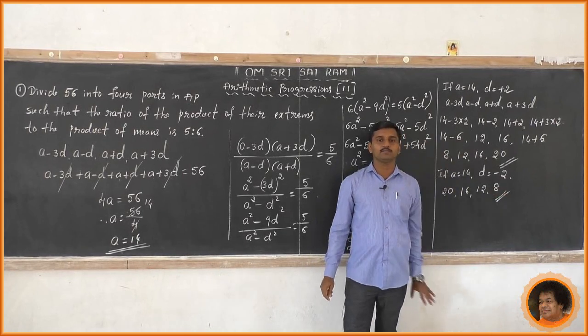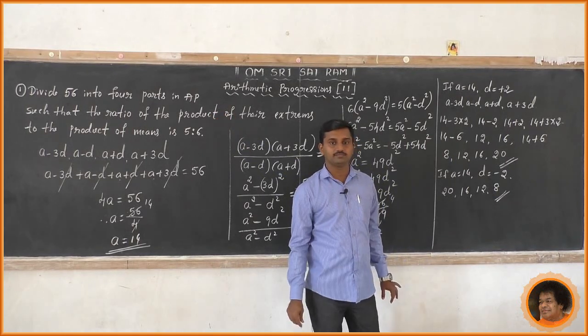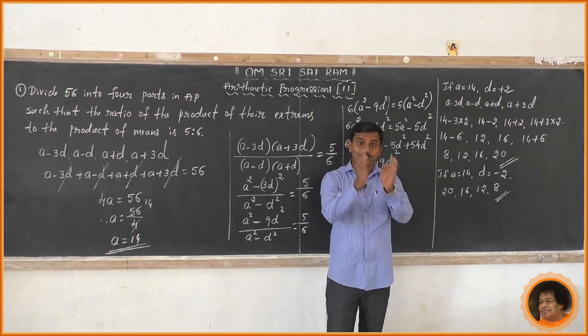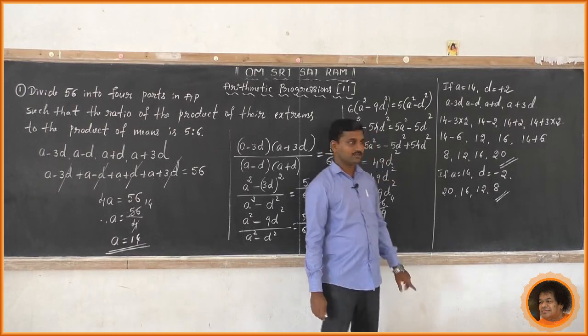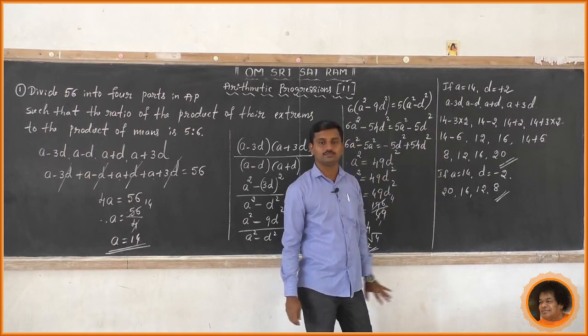Now what is the question given? Divide 56 into 4 parts which are in AP. So the sum must be 56. Now check whether the answer is correct or wrong.